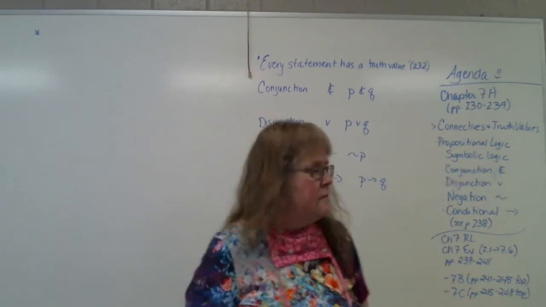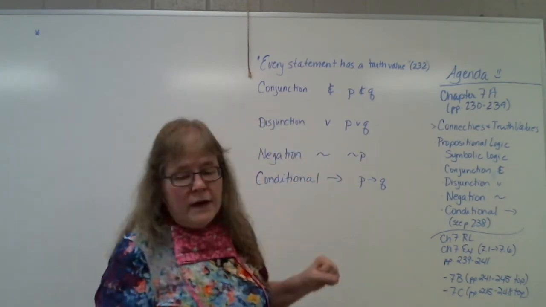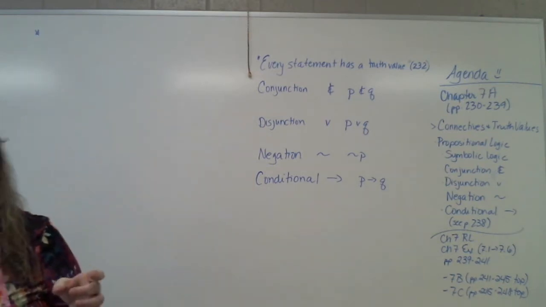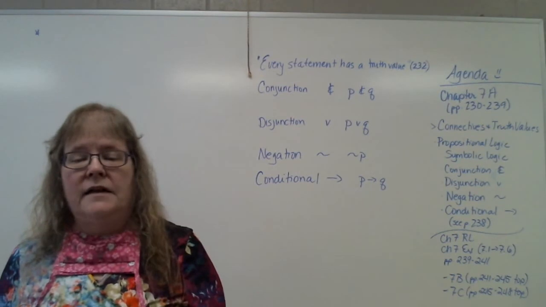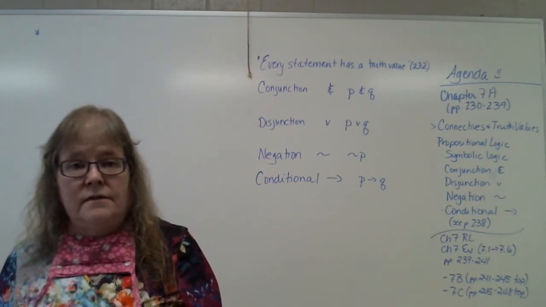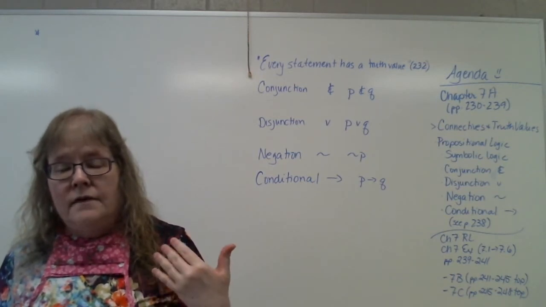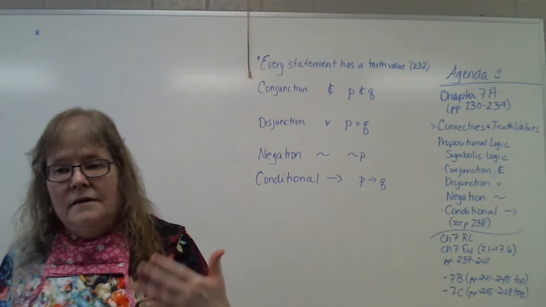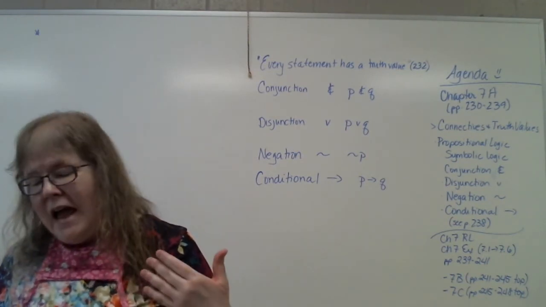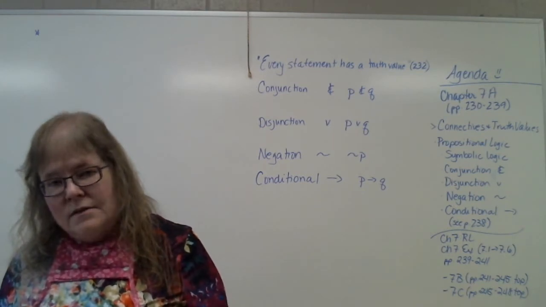So, fair is fair. In 7A, we get to this idea of how we find out if our argument is valid. And again, anytime we're talking about valid arguments, we're talking about deductive, okay? Deductive arguments have conclusive evidence, right?